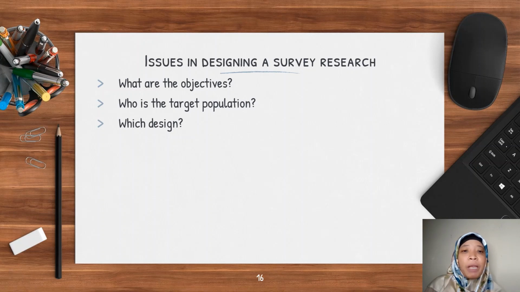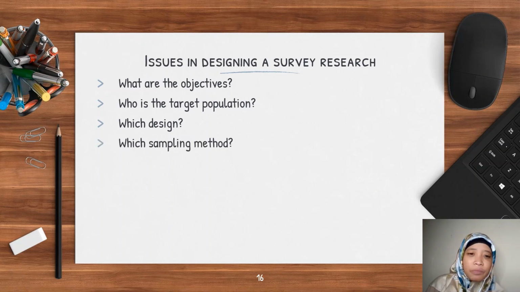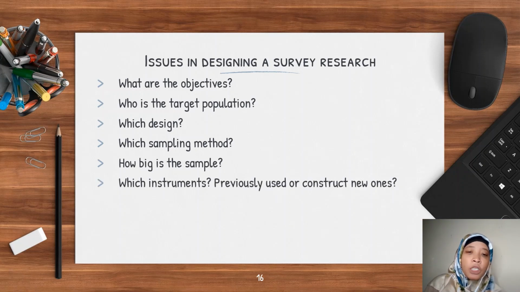Again, it depends on our answers to the previous questions. Which sampling method, and how big is the sample? Should it be very big? Should it be 200 or only 20 or 30? Which instruments should we use, the ones used by previous researchers or new ones we construct?